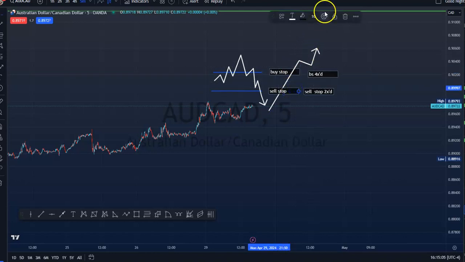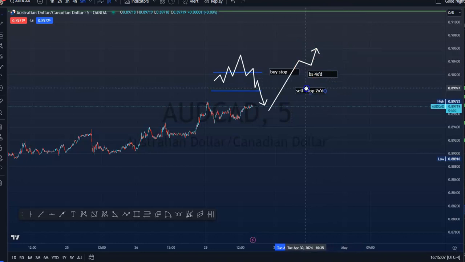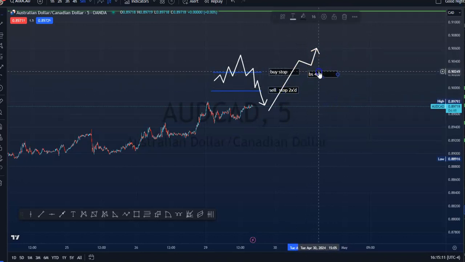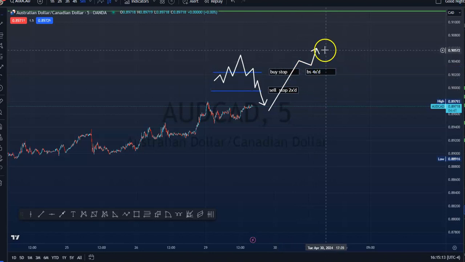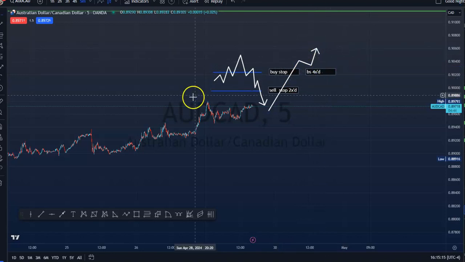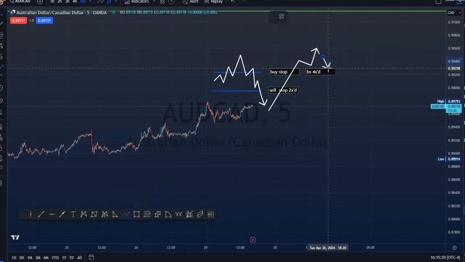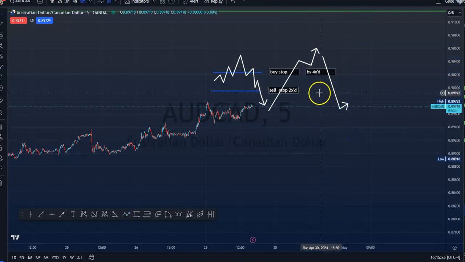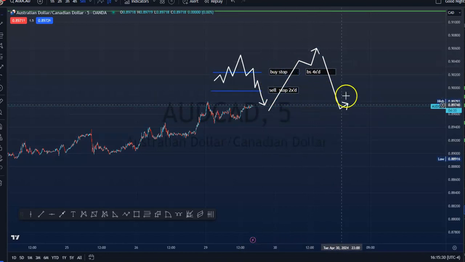So let me take this out, I don't want to confuse you. So it became 2x, right? Now it went up, the buy stop became 4x. But then it dropped back down and crossed again, right? Now it's 8x. So you see what I'm saying? It's doubled again, so it's now 8 times the original amount.